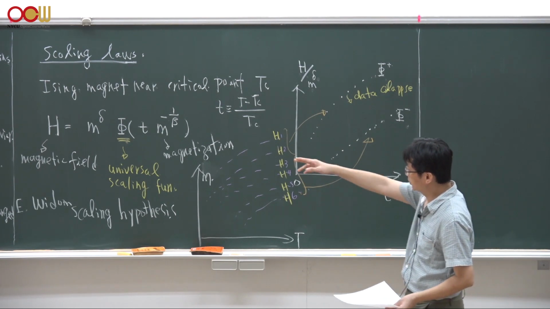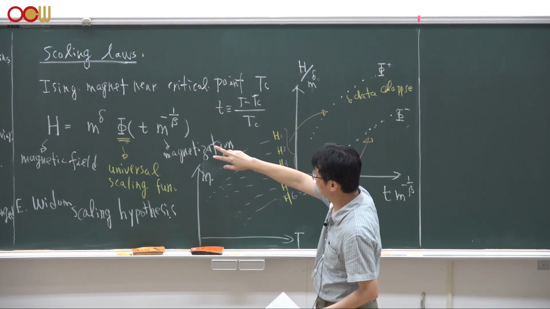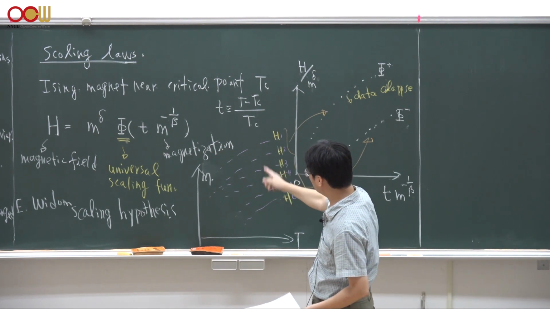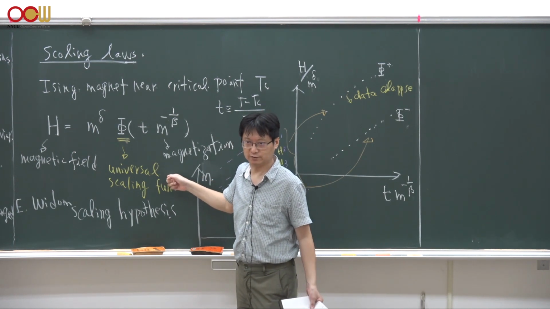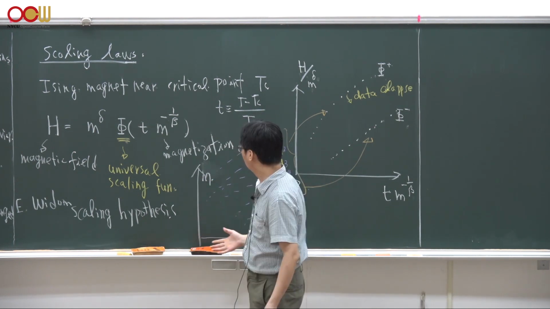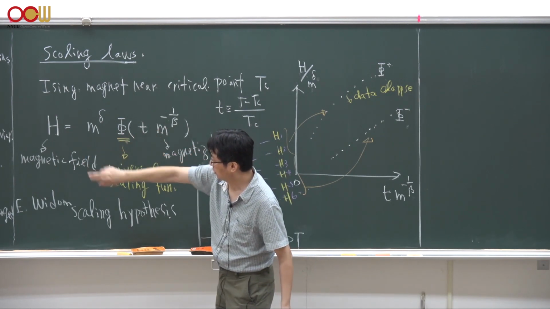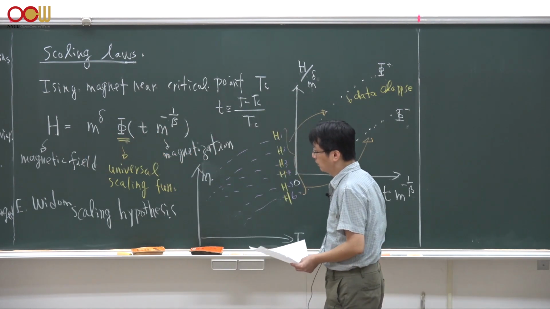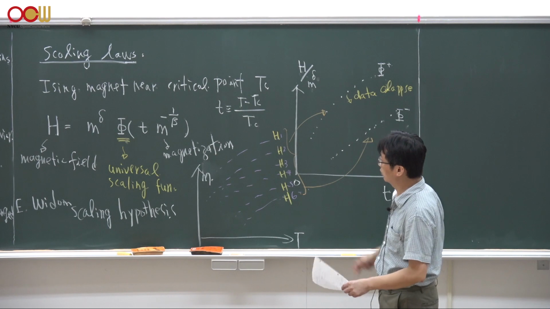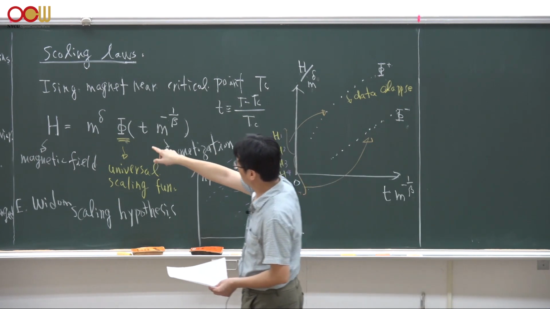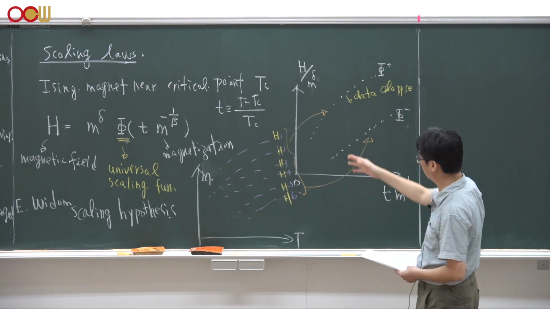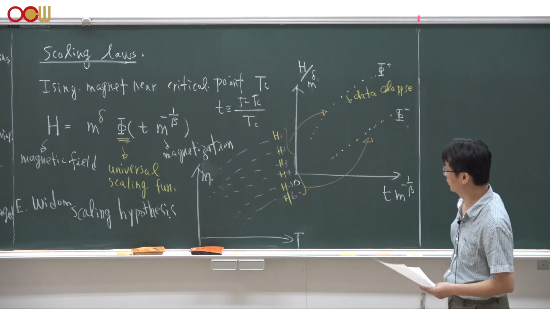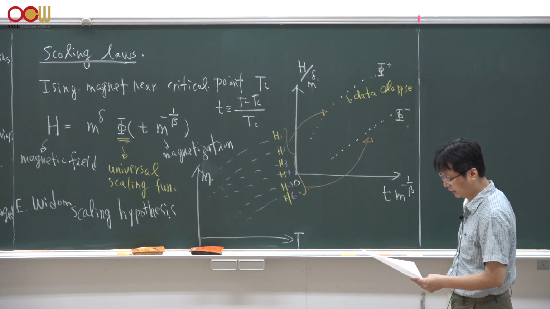Suppose two different systems belong to the same universality class, and they should have the same universal scaling functions near the transition, no matter how different they are. And these exponents are exactly the same for the systems that belong to the same universality class. So universality class is tied closely to the scaling laws or universal scaling functions that we mentioned here. So we will talk about this in more detail when we get there.